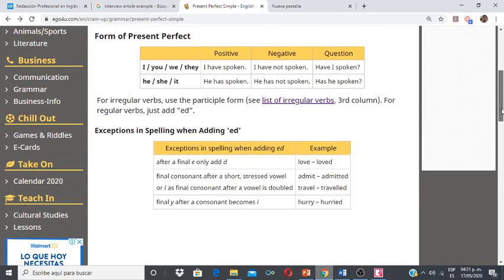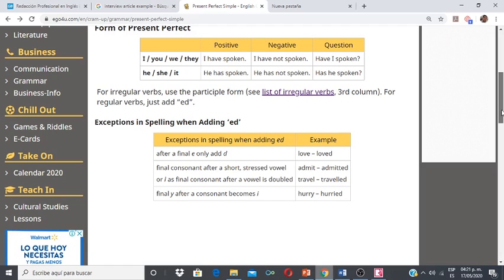It's very important that we check the past participle of the verbs, because we have to remember there are regular past participles, the ones that end in ed and that we make by adding ed. Those are very easy because in the simple past and the past participle they are the same, with the ed ending.